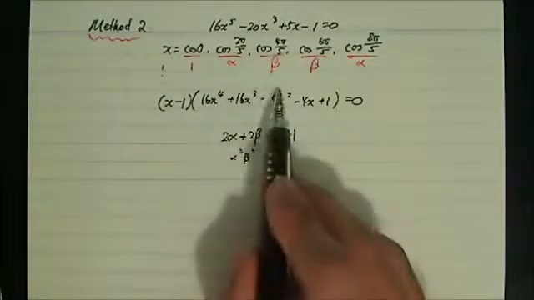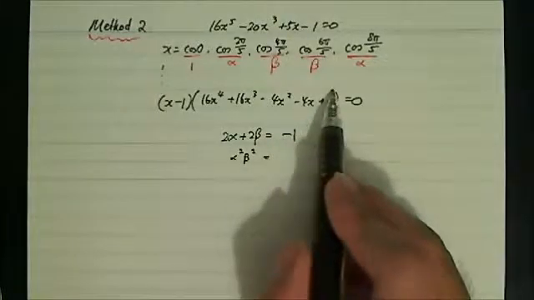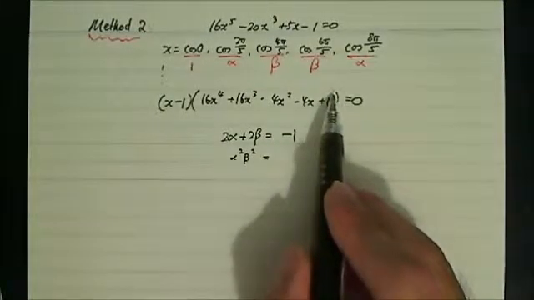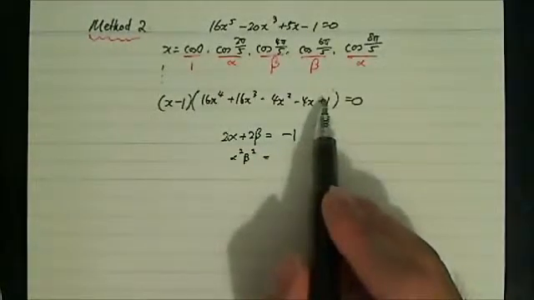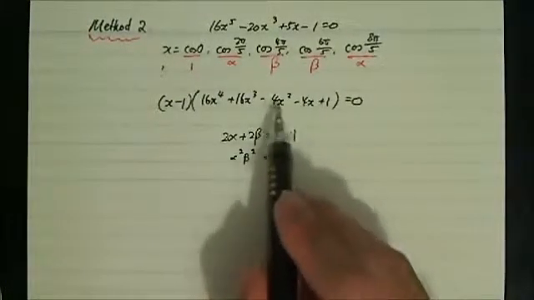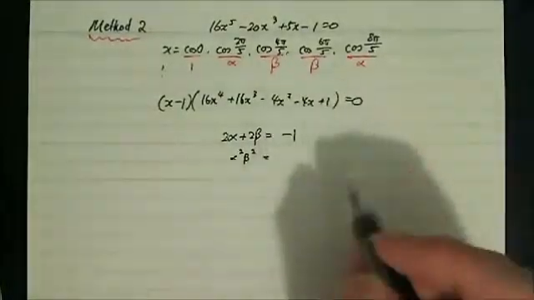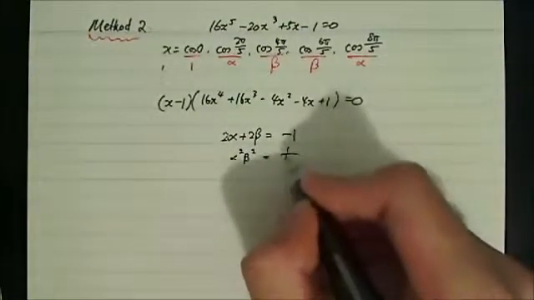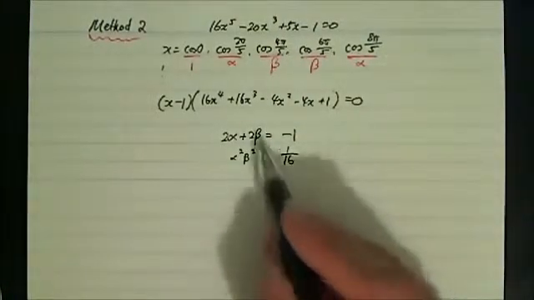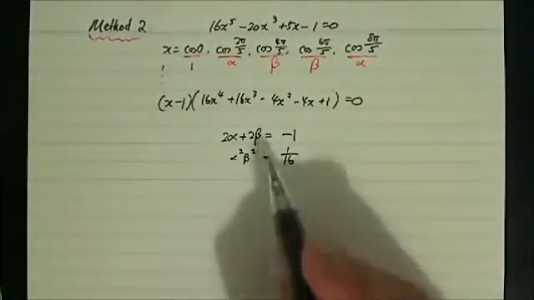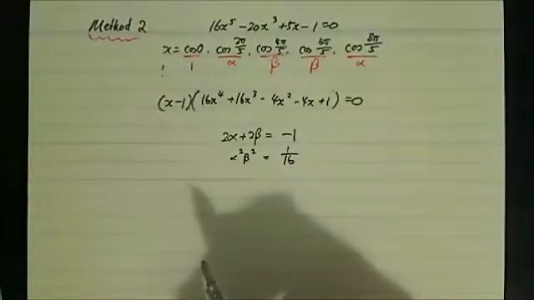So negative, positive, negative, positive. You can also just look at the parity, as in the odd or evenness of the power. So 1 is x to the power of 0, that's even. So you go with that one, which is positive. So we're going to have 1 over 16. Now that's all part of the theory of polynomials. If you're not sure where these come from, check your notes from your textbooks.